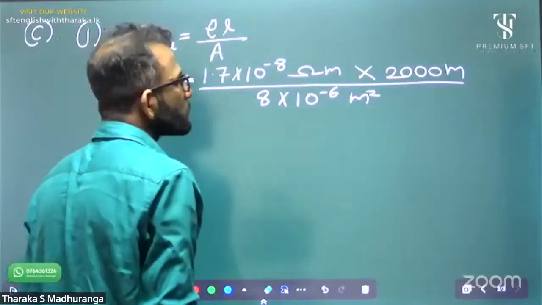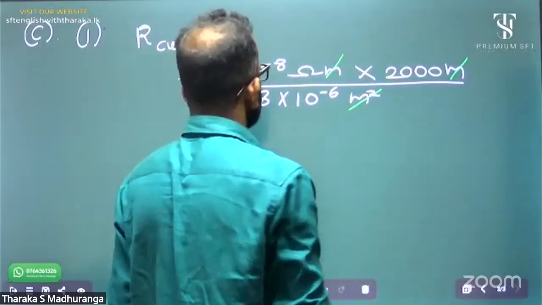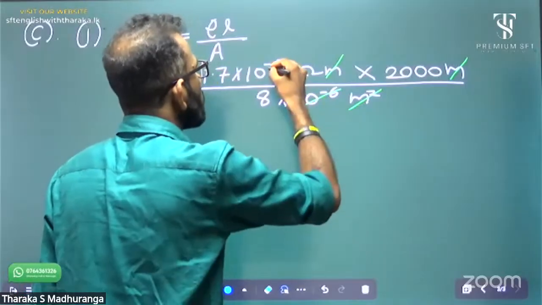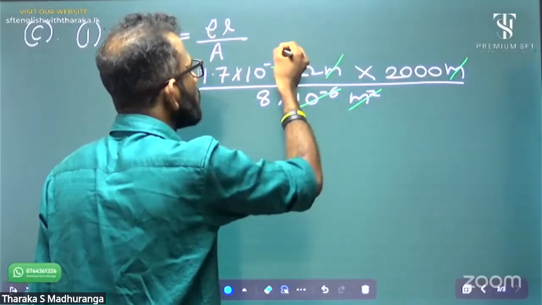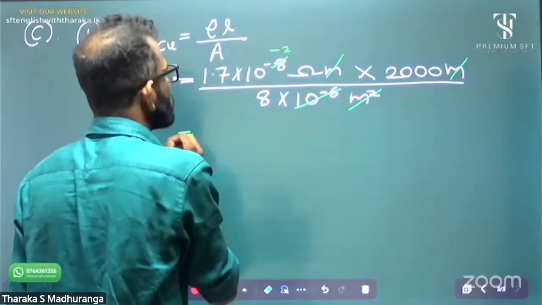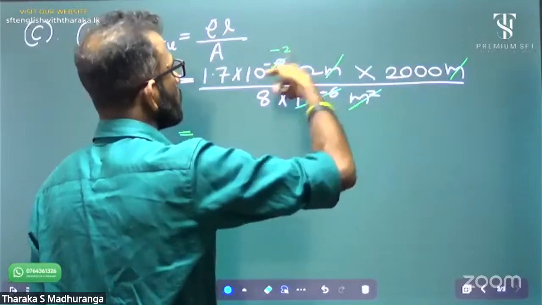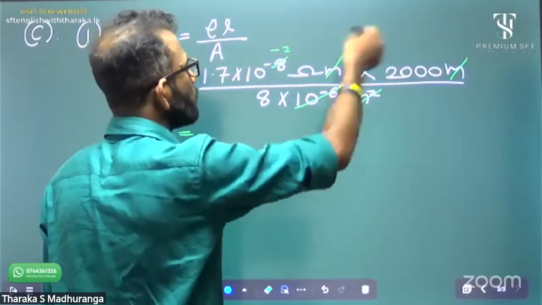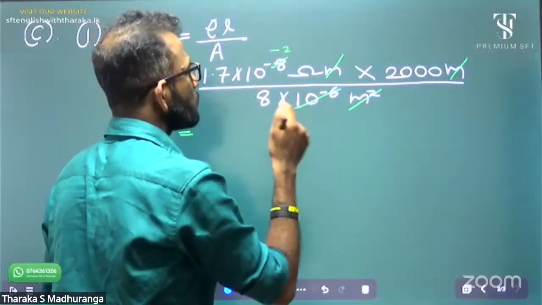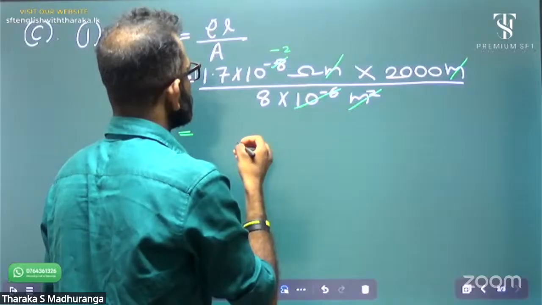Okay, now square meter cancels with square meter. Now 10 to the power minus 6 and 10 to the power minus 8 cancel out, minus 2 remains. 1.7 into 2000, or 17 into 200, that means 34.